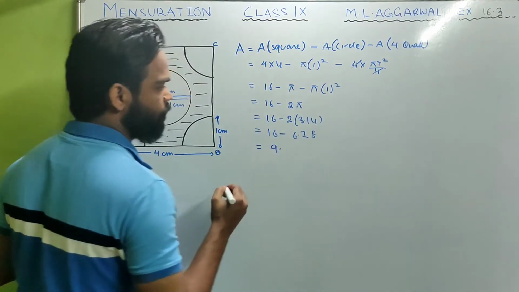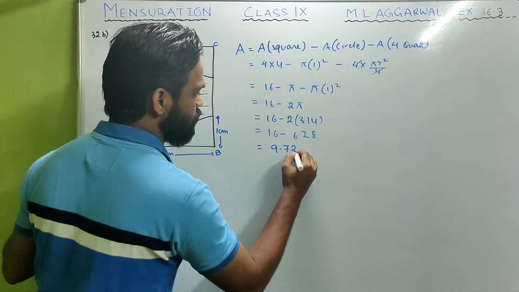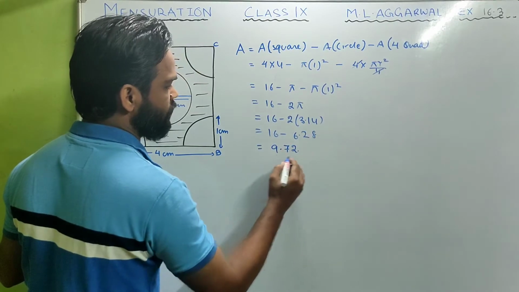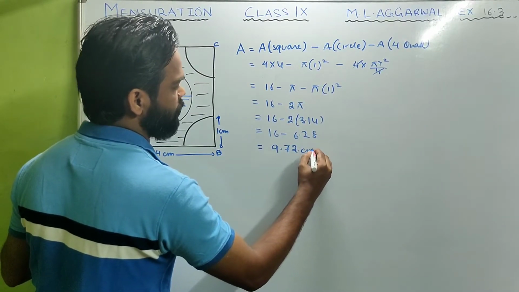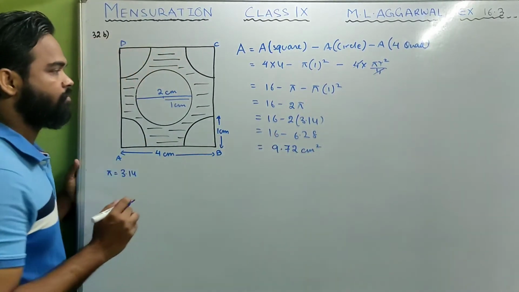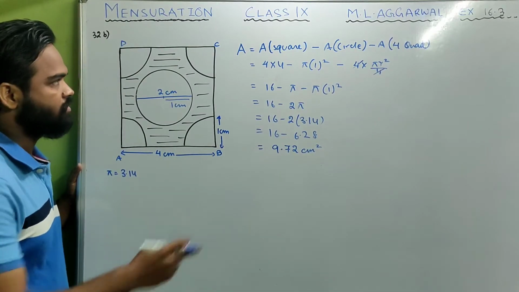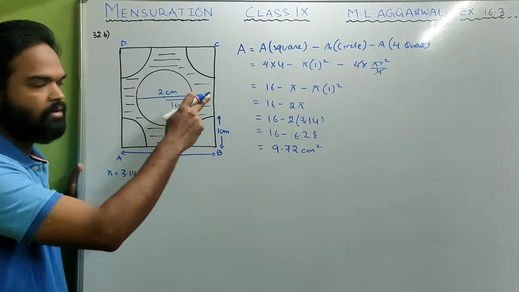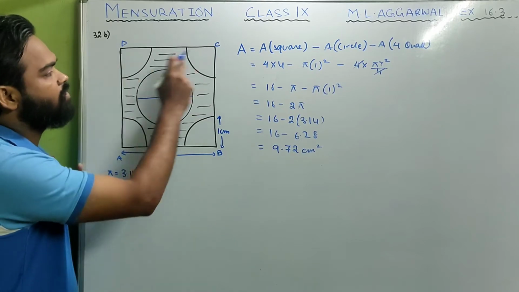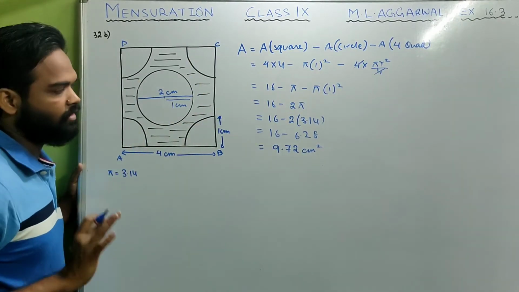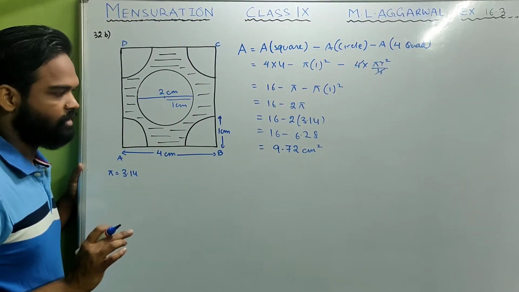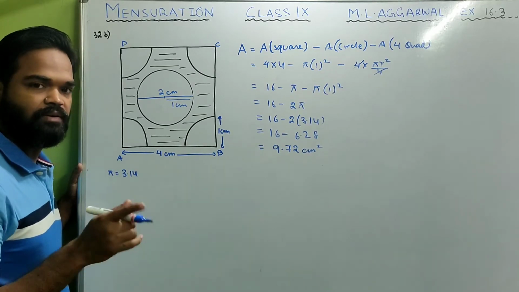That's 9.72. Is it correct? Yeah. This centimeter square. Done. Pretty easy. Just find the area of the square, subtract this circle and these 4 quadrants, we'll get the area of the shaded region. Clear? Now let us look at the next sum.